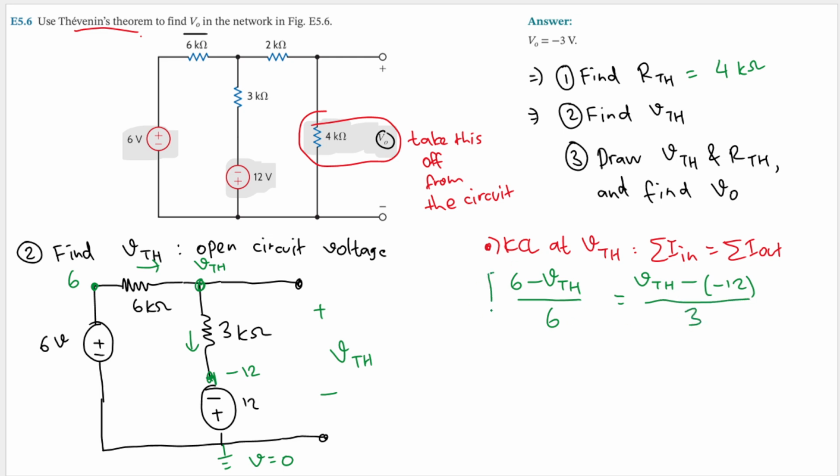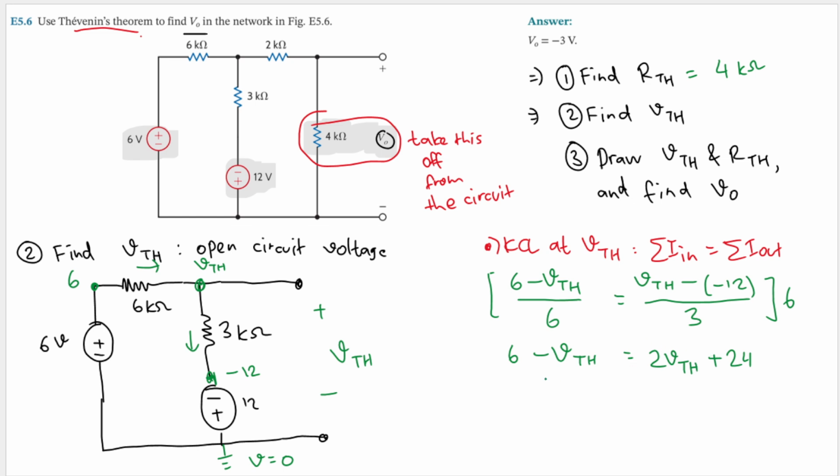Good, multiply both sides here by 6. And on the left hand side, we'll have 6 minus VTH. And then on the right hand side, 3 and 6 will cancel into 2, so we will have 2 VTH. And then minus and minus will become plus, and then 12 times 2 is 24, so we'll have plus 24.